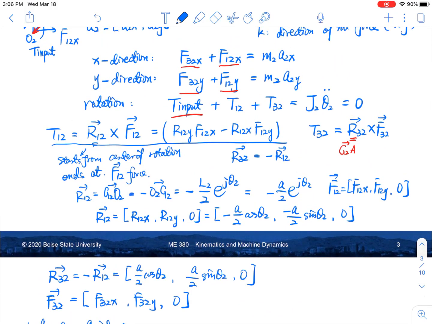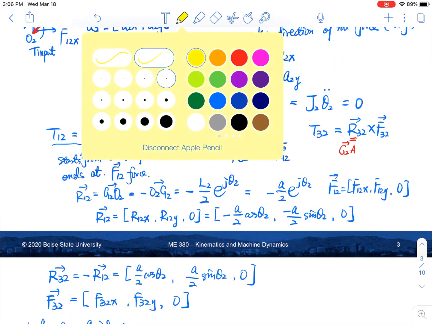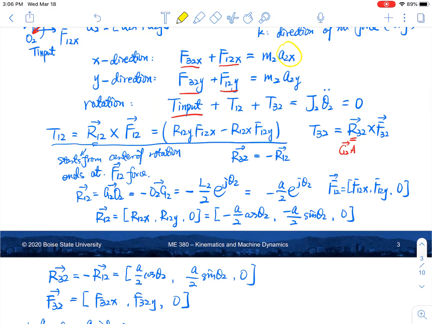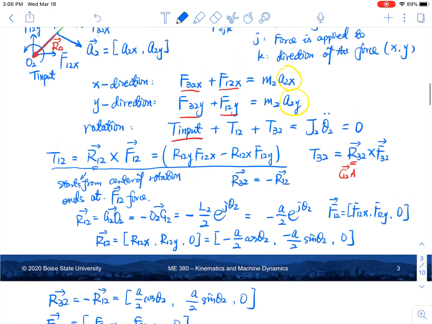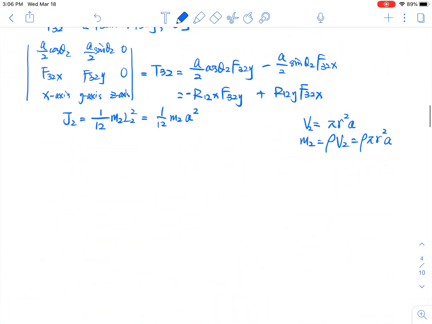Okay, one thing I forgot to mention. What is a2x and what is a2y? By definition, in order to get the acceleration of point G2, we know O2 is not moving. We know the information of this theta 2 angle.